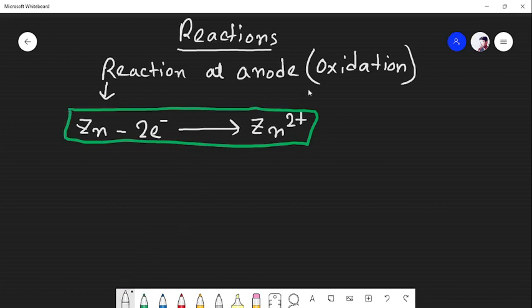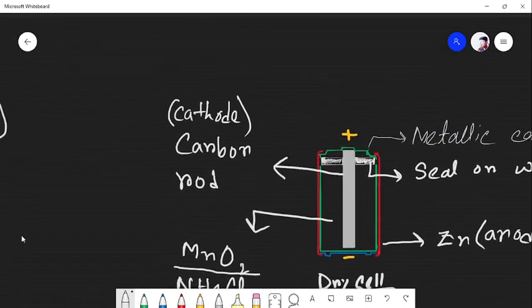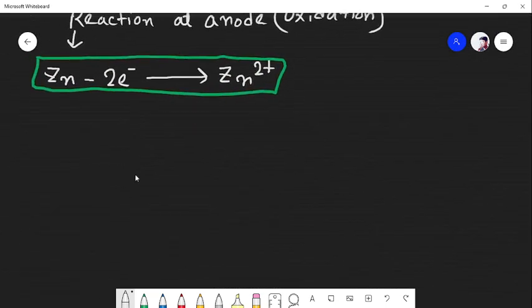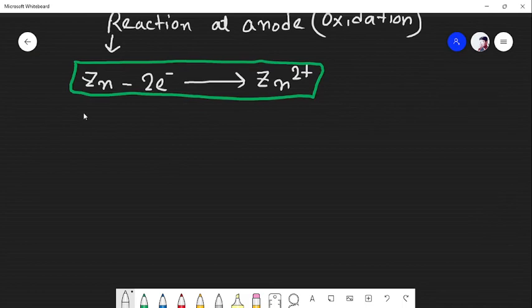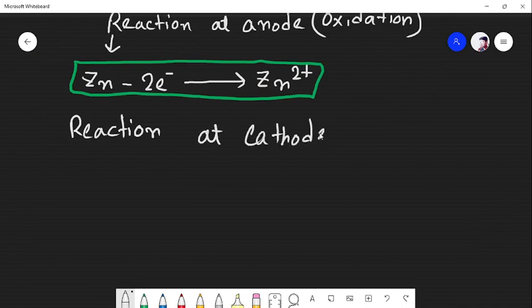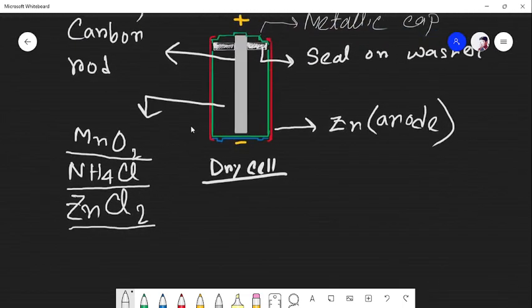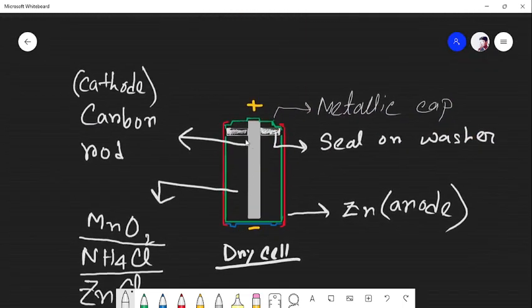Now let's look at the reaction at the cathode, the carbon rod, which is always reduction. Actually there are 2 reactions taking place at the cathode.